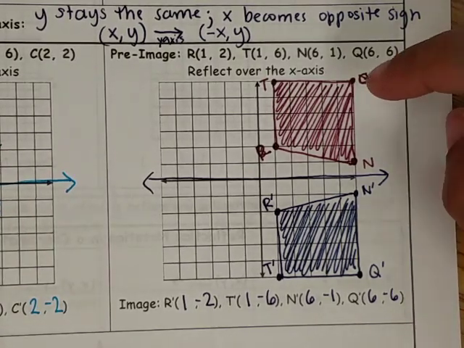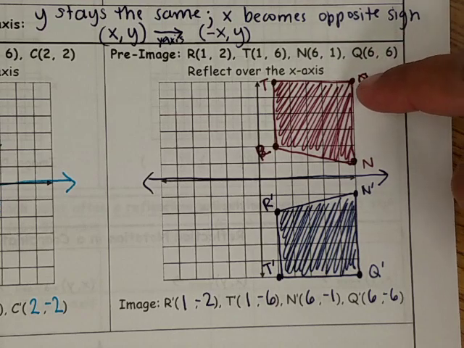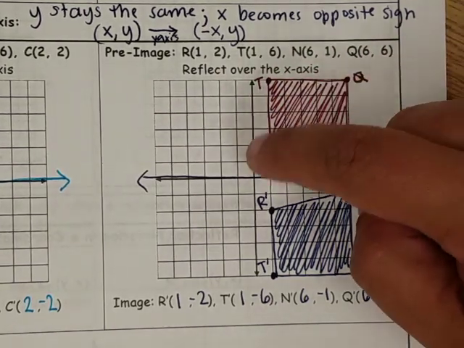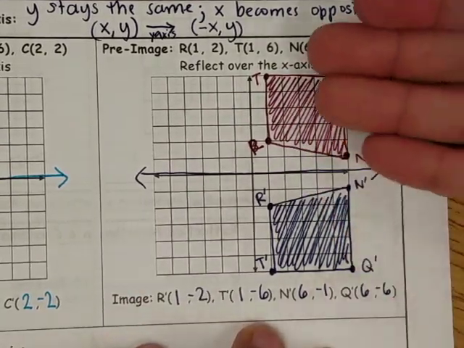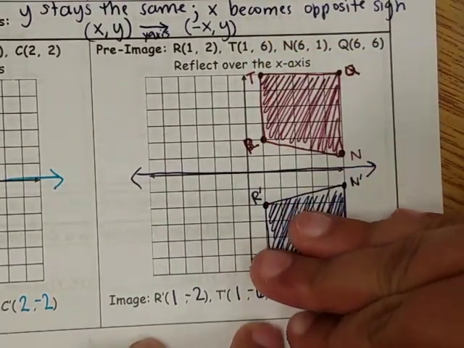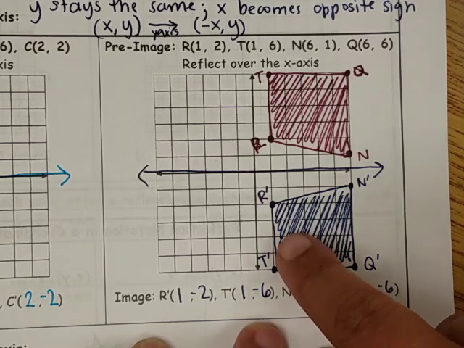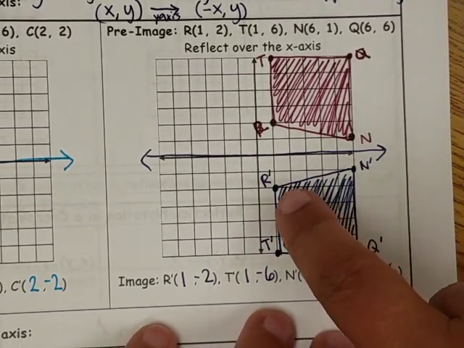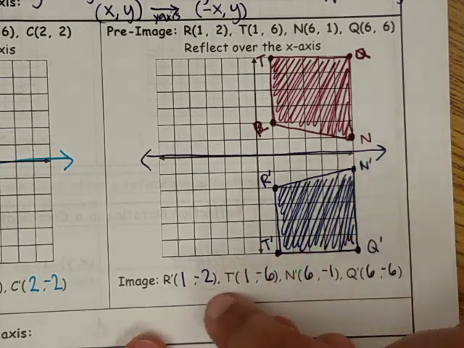So this is trapezoid RTNQ. And then we reflected it over the x-axis, and then it was down in this quadrant 4. I then took my 4 points and I named them.